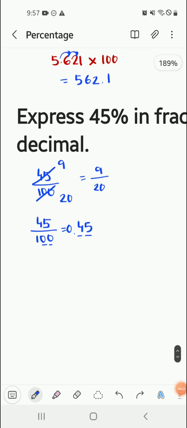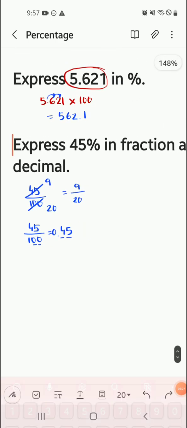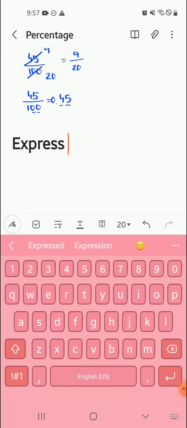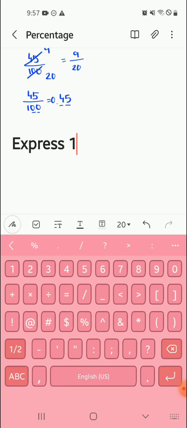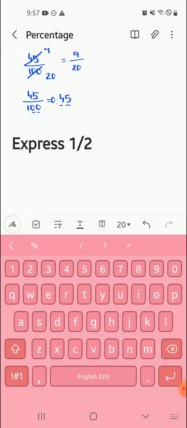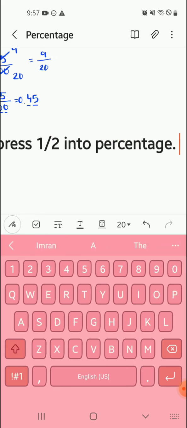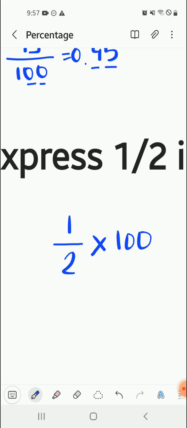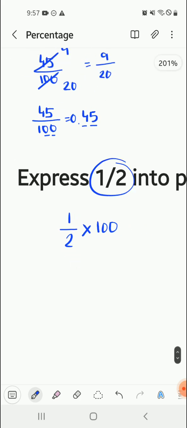We will take some more examples. For an example, we have been asked to express half into percentage. Again, same thing: half into percentage, that means into 100, because in converting a fraction into percentage, the step is to multiply.